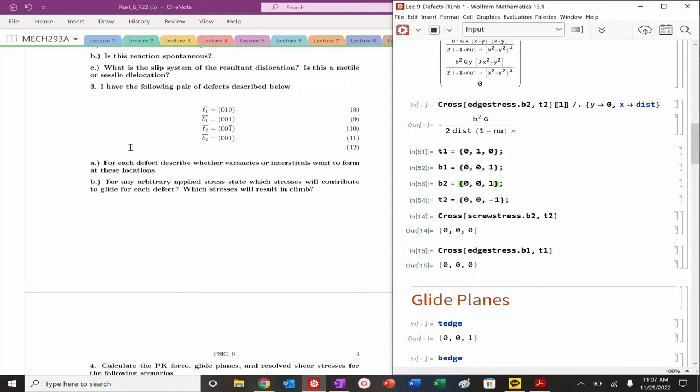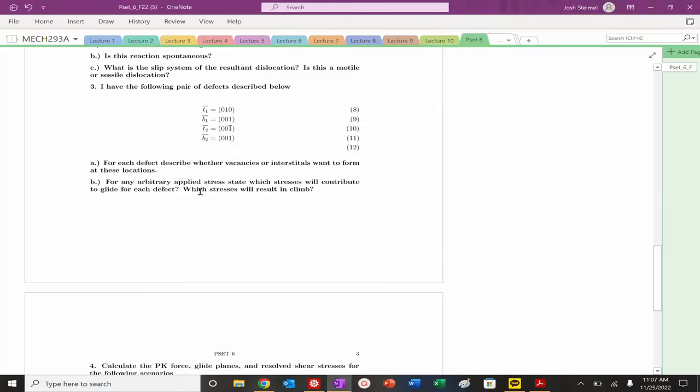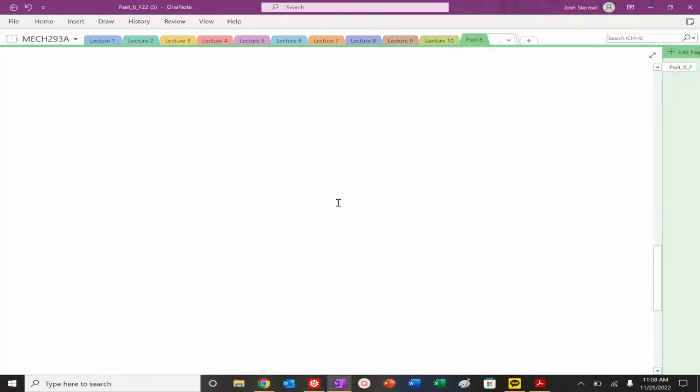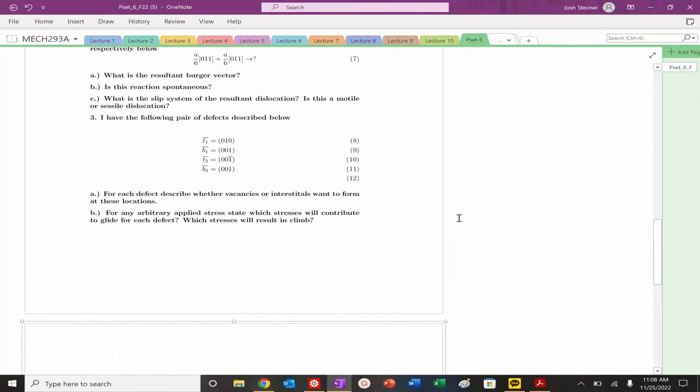So for each of the defects, describe whether vacancies or interstitials will want to form at these locations. So let's go ahead and take a peek at this. For each of these, will they want to form?